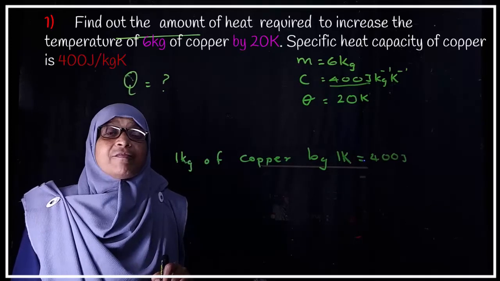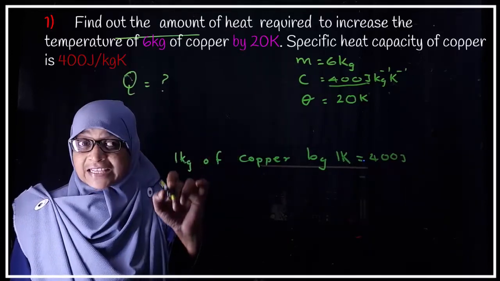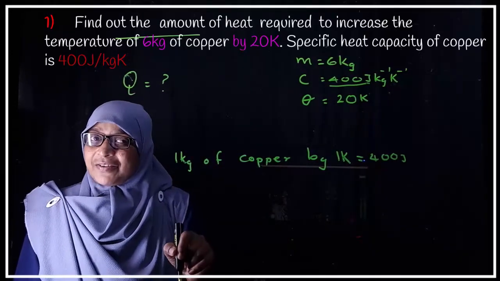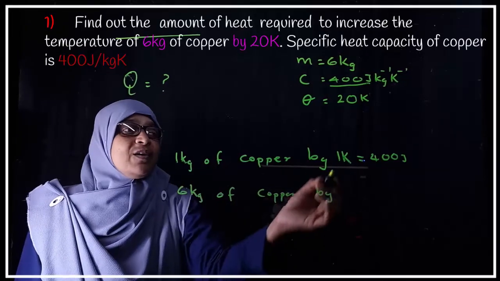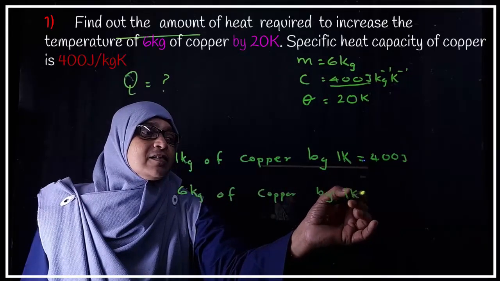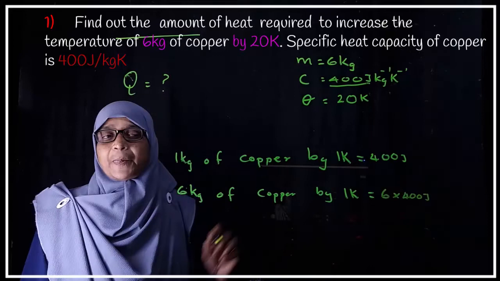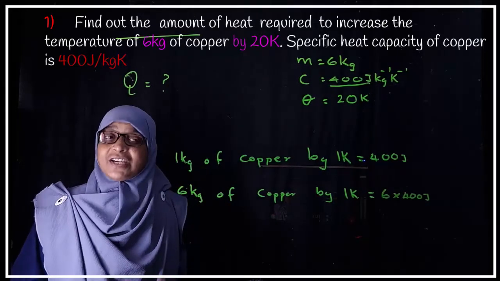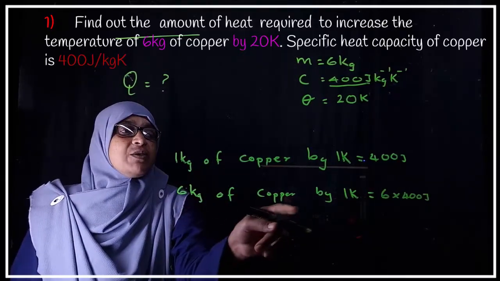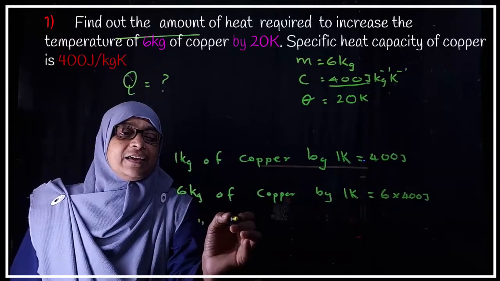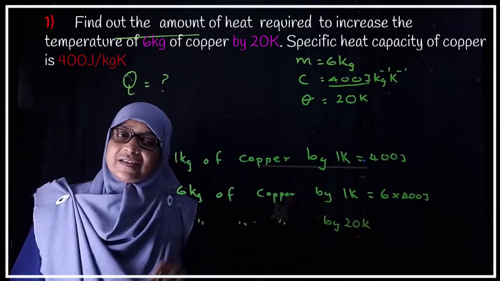Now, we have to find out the amount of energy required to increase the temperature of 6 kg by 1 K. Now our question is the energy required to increase the temperature of 6 kg of copper by 20 K. This is the question.